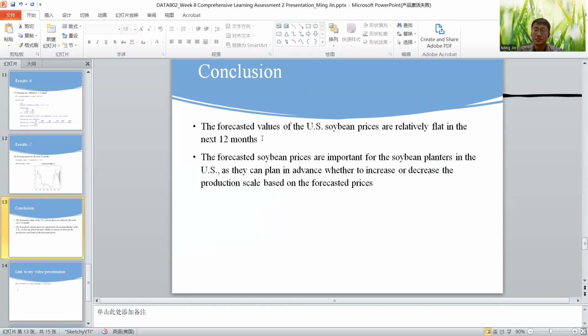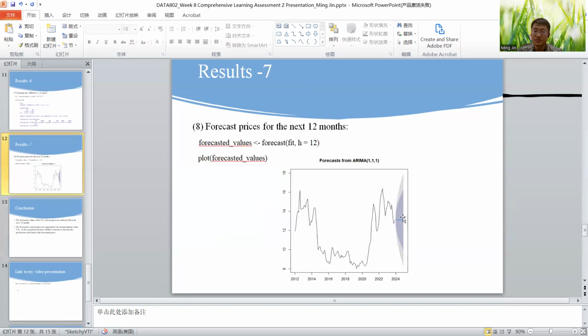So the first conclusion is that we can see from this graph, the forecasted U.S. soybean prices in the future 12 months are relatively flat, and they maintain at a relatively high level of prices, though still lower than the peak.